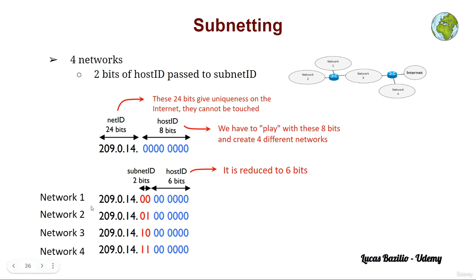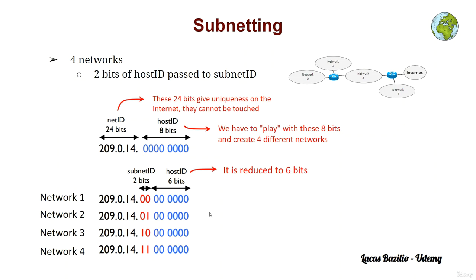So they will also belong to the net ID of this network 1. Right, in this case, if we have here 2 bits, we can use 4 combinations. The first one is 0, 0, the second 0, 1, the third 1, 0, and the final one 1, 1. We do it for each of the networks, a possible combination.